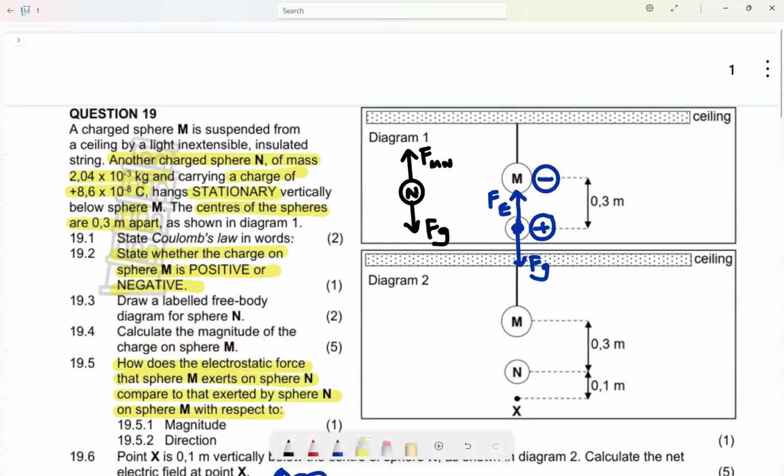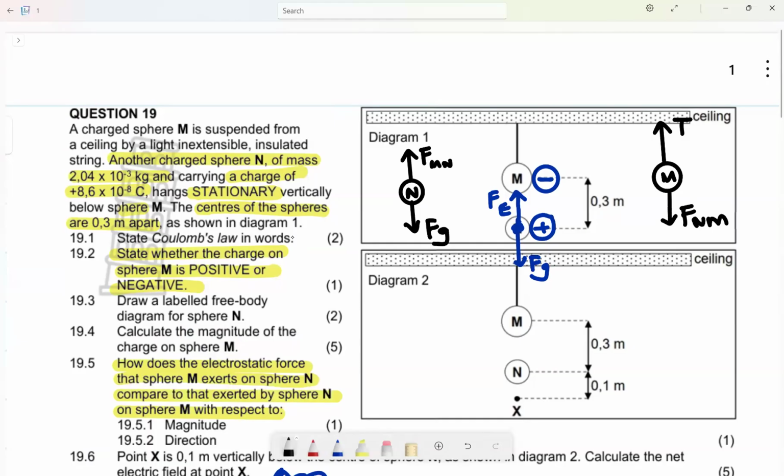Let's come here and say M exerts a force on N that goes up. Let's also draw a free body diagram for M. For M, there will be that tension like that, but it will experience a downwards force, the force that N exerts on M. Can you see? The force that N exerts on M is downwards.